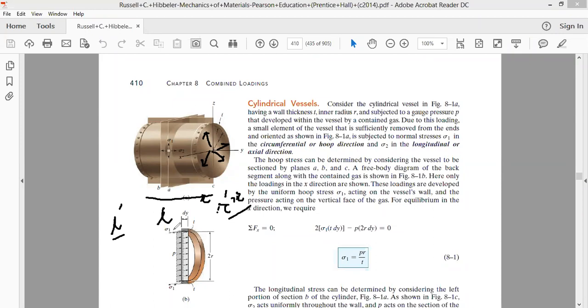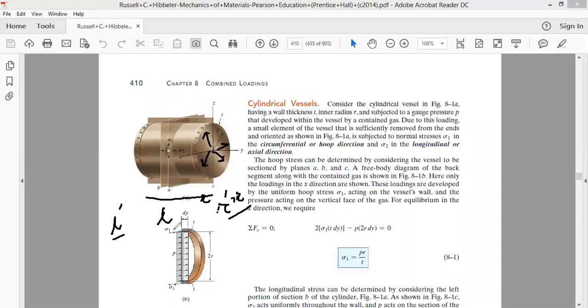So there are two effects of the pressurized fluid. Both the dimensions are changing. The radius is changing, and at the same time, the length is changing.